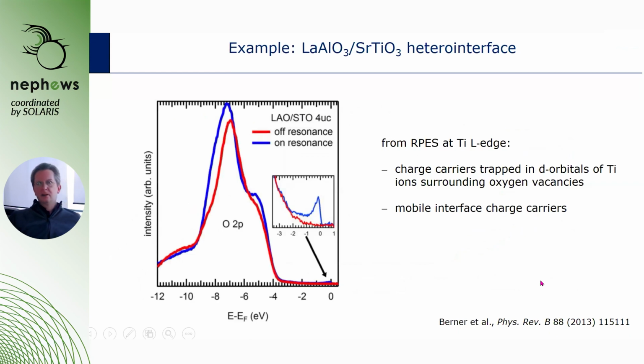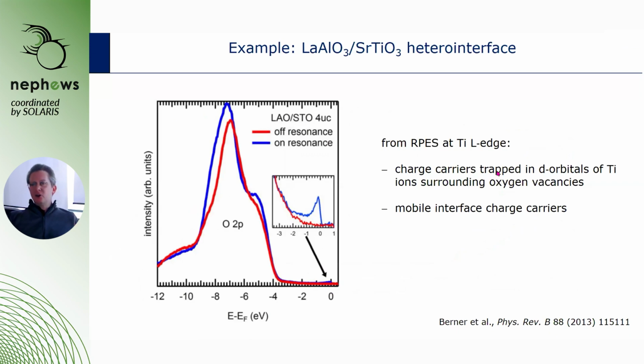Same also for another material, and here's the interface of two different oxides that are quite interesting in electronics. And when we do just regular photoemission, so off resonance, we get the red spectrum, and when we zoom in close to the Fermi level at 0, we see basically nothing. It just shows a flat attenuation of the intensity.